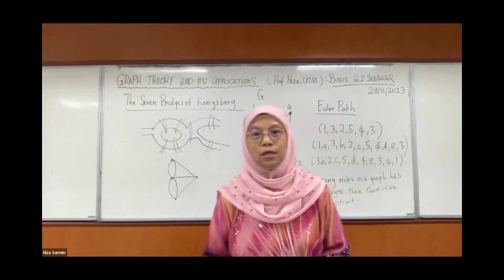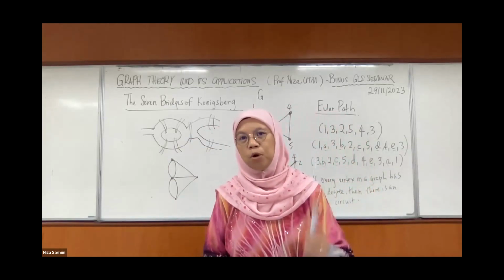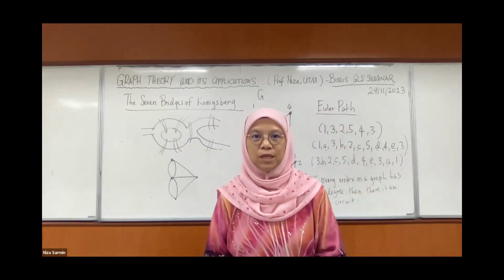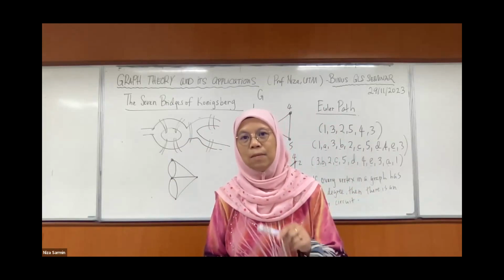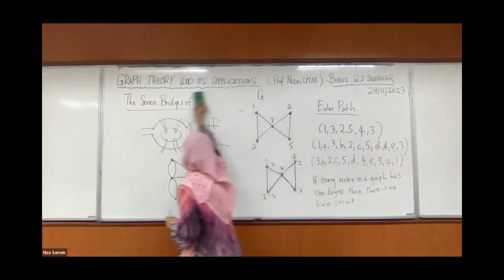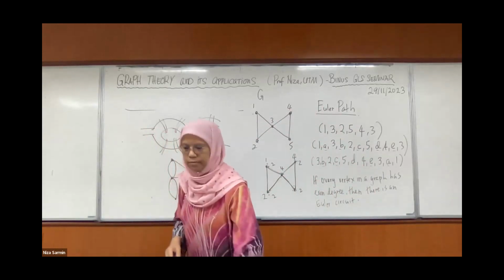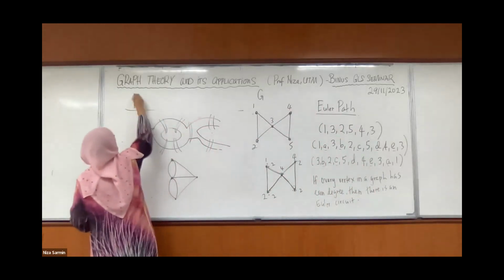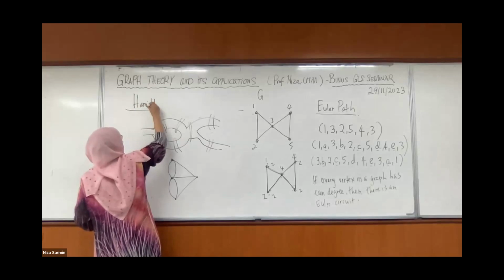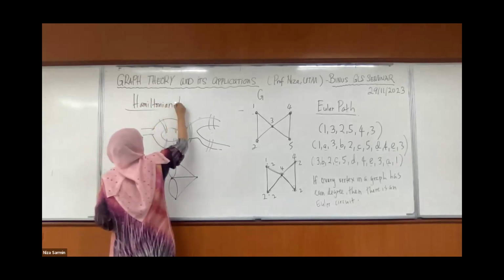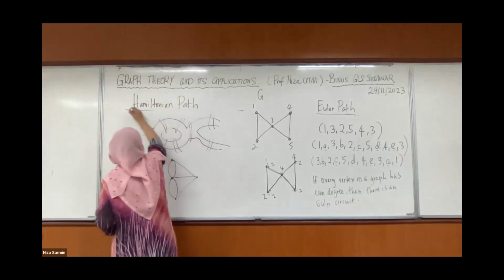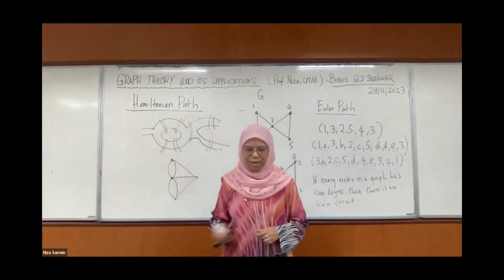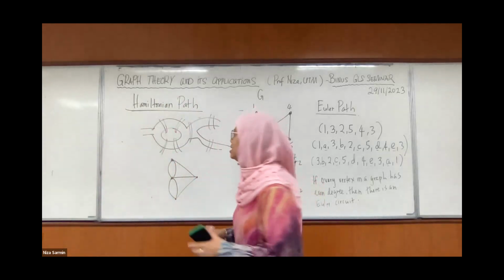Related to the Euler, another important and interesting property is the Hamiltonian path, and also the circuit.